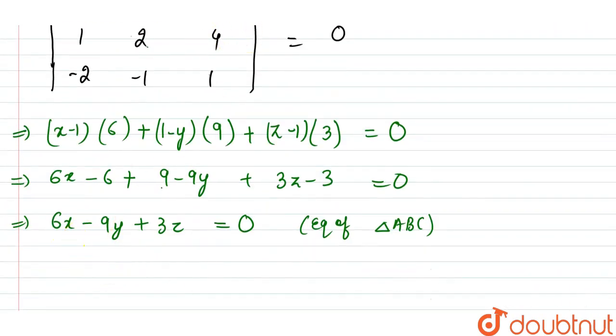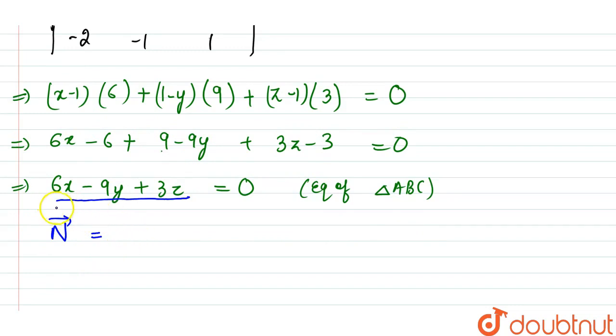So by considering this equation, the normal vector, let us denote it as n vector, has x, y and z coordinates. So this is the vector 6i cap minus 9j cap plus 3k cap.